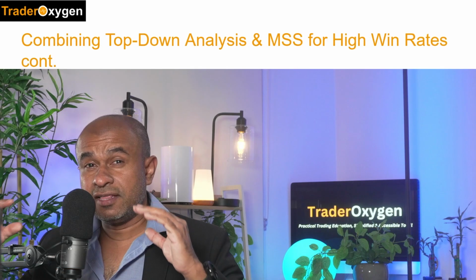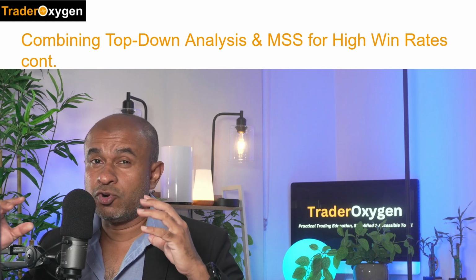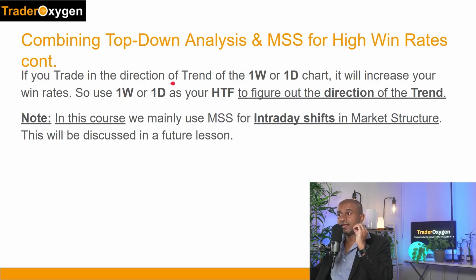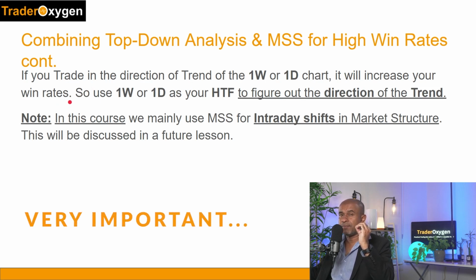Okay, so there's another very important thing you have to do in order to increase your win rate. If you trade in the direction of the trend of the weekly chart or the daily chart, that will increase your win rate. It's a very important secret to keep in mind.